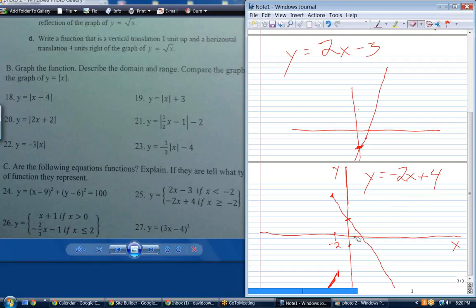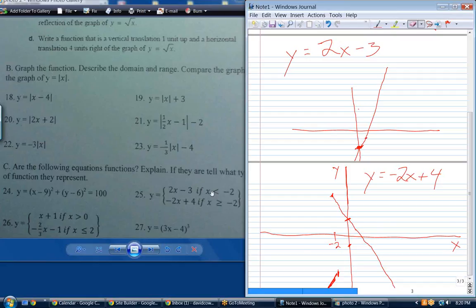Is that a function? Yes. It passes the vertical line test. Now, the key thing is what happens at negative 2. Well, if this was a closed dot and if this was a closed dot, it would not pass the vertical line test. Because as we passed our vertical line over the x equals negative 2 point, we'd have two different values for y.